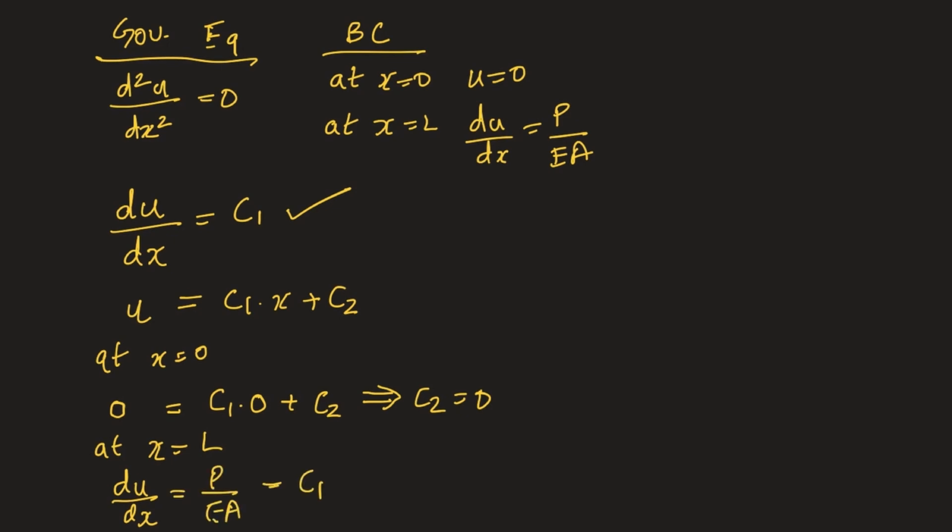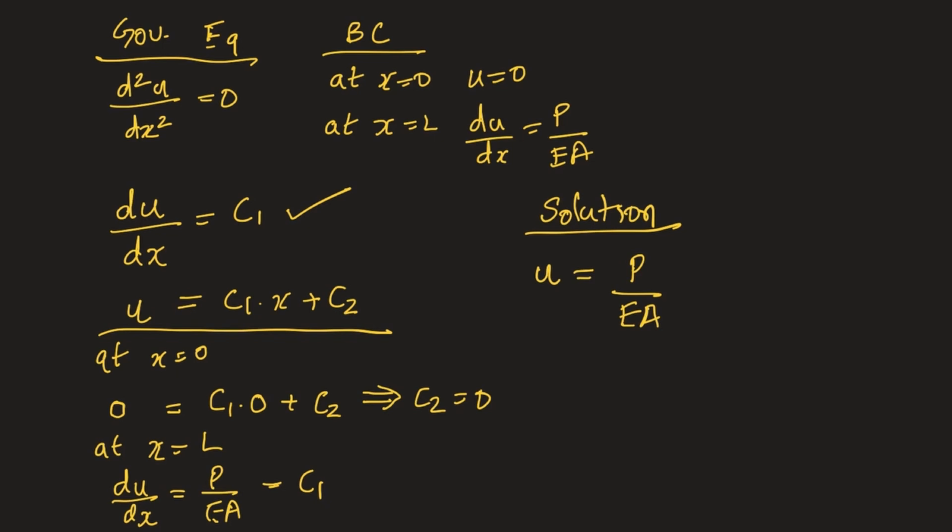So we have the value of c1 also. c1 is P by EA. So the solution now is u at any value of x is equal to c1 x plus c2. So c1 value is P by EA into x plus c2, and we have already got this value as 0.